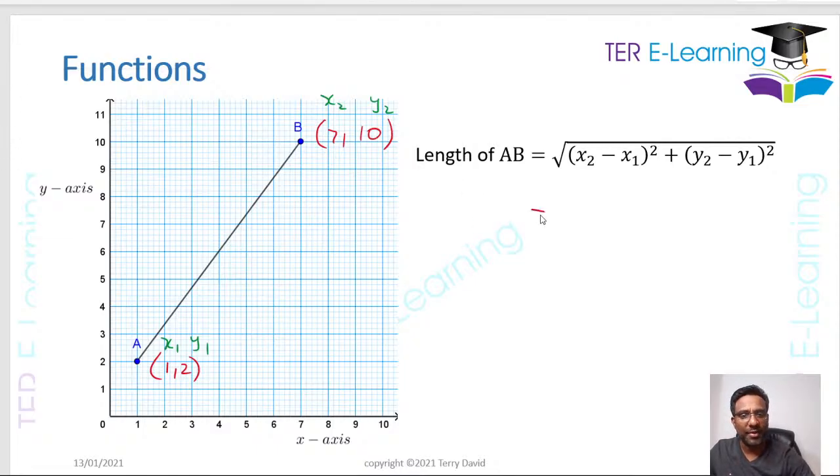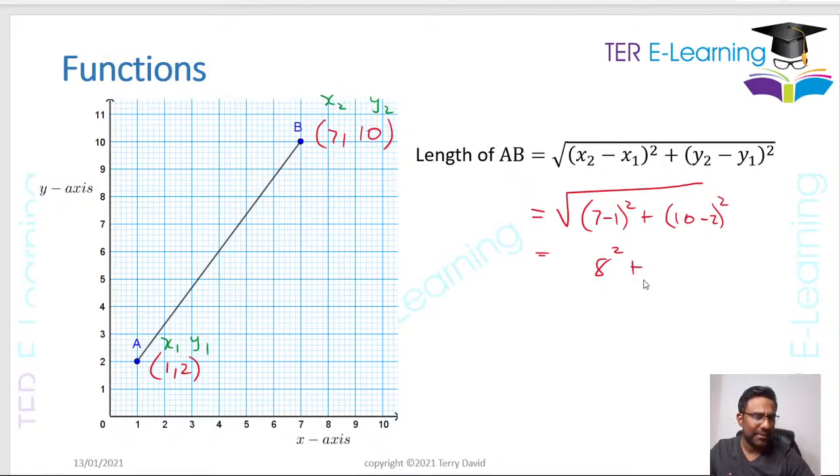So we're going to use the formula here. My length is the square root of x2 minus x1 squared plus y2 minus y1 squared. So that'll be 7 minus 1 squared plus 10 minus 2 squared, and you find the square root. 7 minus 1 is 6, and 10 minus 2 is 8.